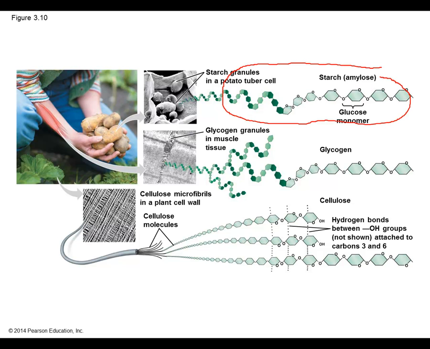Plants store surplus starch as granules. The simplest form of starch is amylose. Glycogen is a storage polysaccharide in animals, and humans and other vertebrates store glycogen mainly in the liver.